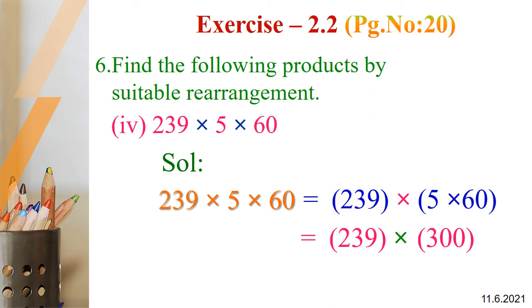Now let's multiply 239 × 3 and finally we have to add two zeros at the end. So the answer is 71,700.